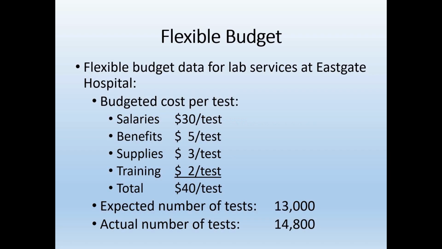Let's look at some additional data about laboratory services at Eastgate Hospital. Before the period started, the hospital estimated how much they thought it would cost per test for salaries, benefits, supplies, and training.